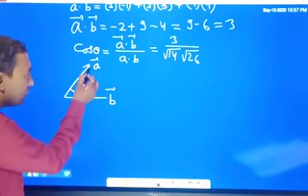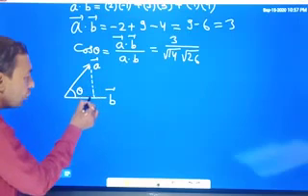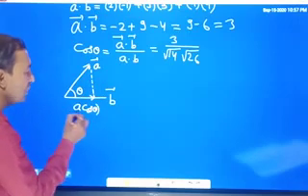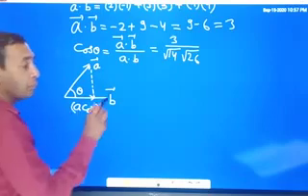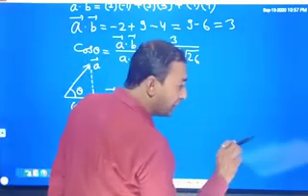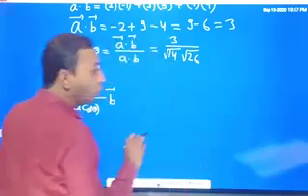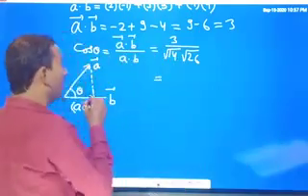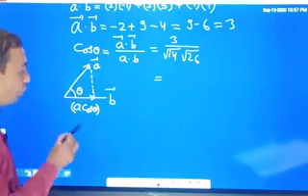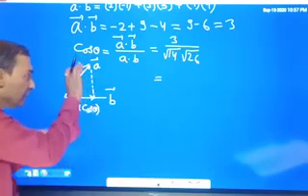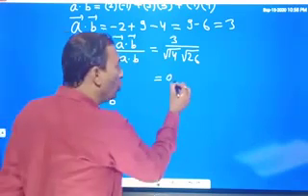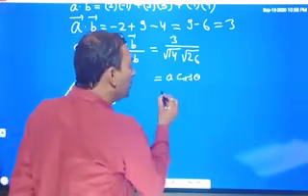Then the projection of a vector on b vector is a cos theta.